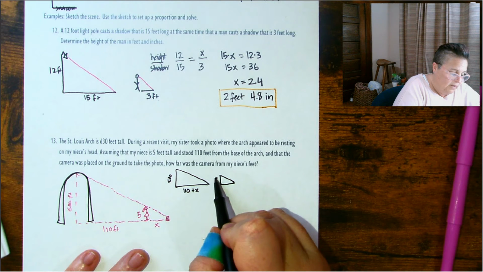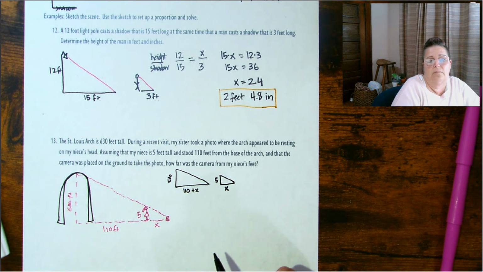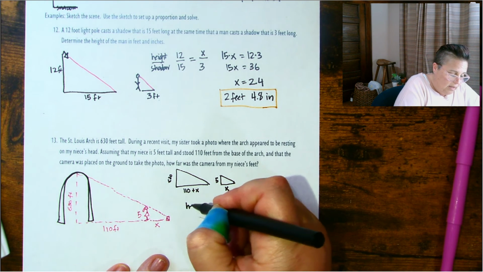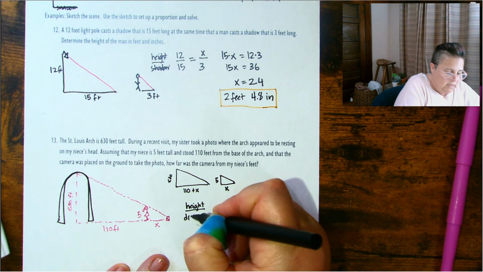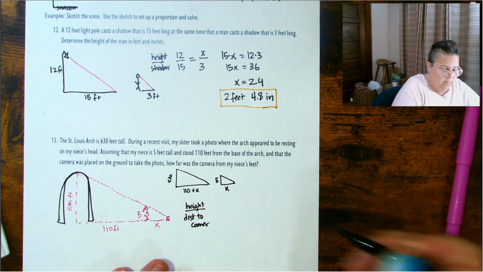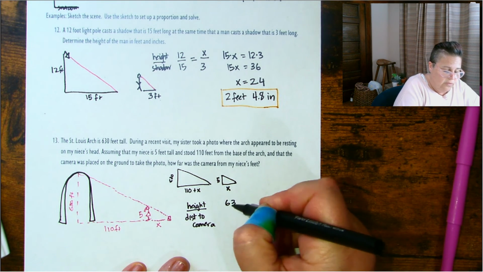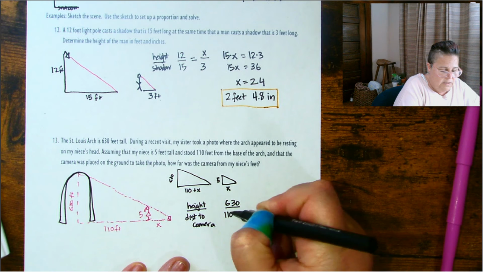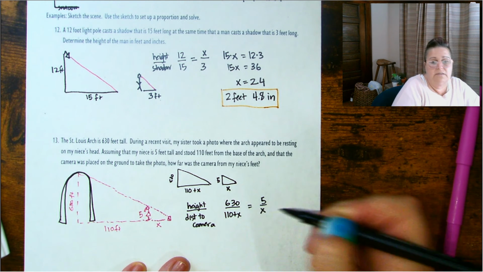If my niece is 5 feet tall, then the camera stands x feet in front of her. I can compare the height of the objects to the distance to the camera. And I will have 630 over 110 plus x has to equal 5 over x.